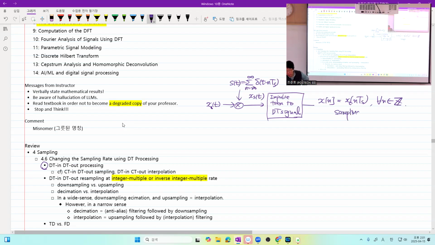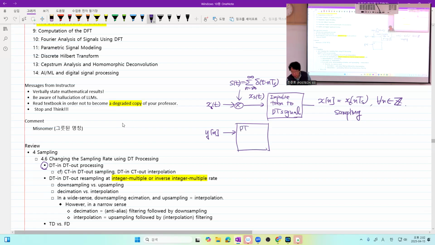So when you just say sampling, implying sampling of a continuous time signal, this is the process. What was the opposite process? It was something like this. Suppose you have a discrete time signal, then you convert it to a continuous time impulse train.